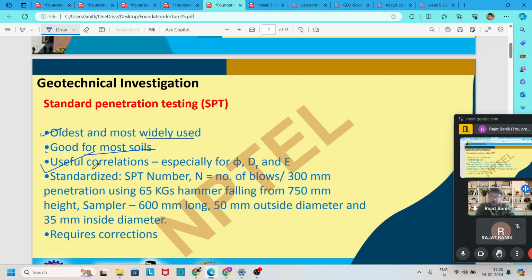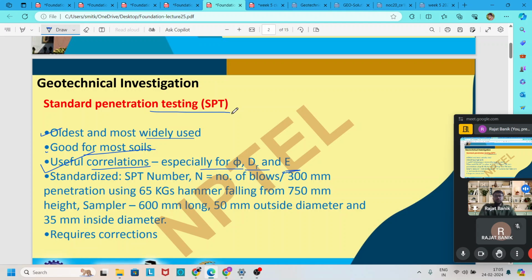So it is useful for correlation, like to determine the angle of internal friction of the soil, determine the relative density, and also determine the Young modulus of the soil by the SPT number.